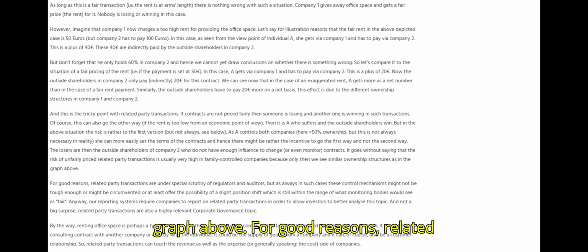For good reasons, related party transactions are under special scrutiny of regulators and auditors, but as always in such cases these control mechanisms might not be tough enough or might be circumvented or at least offer the possibility of a slight position shift which is still within the range of what monitoring bodies would see as fair. Anyway, our reporting systems require companies to report on related party transactions in order to allow investors to better analyze this topic. And not a big surprise, related party transactions are also a highly relevant corporate governance topic.